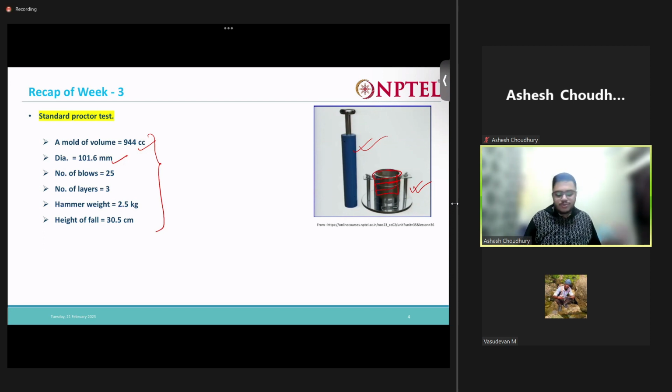After that we put another layer of soil, again 25 blows over it, and again a third layer, and again 25 blows over it. Like this we fill the mold, and the top portion is trimmed off later. The weight of the hammer is also specified, that is 2.5 kg, and the free fall of this hammer is 30.5 centimeters. So these are the specifications of the standard Proctor test, right?